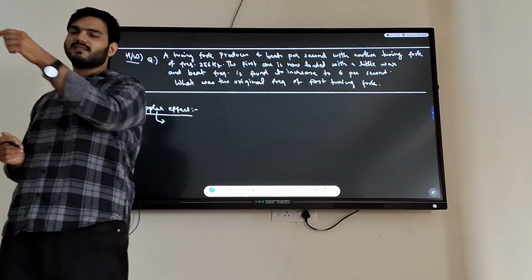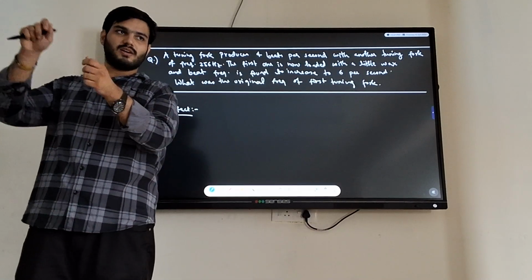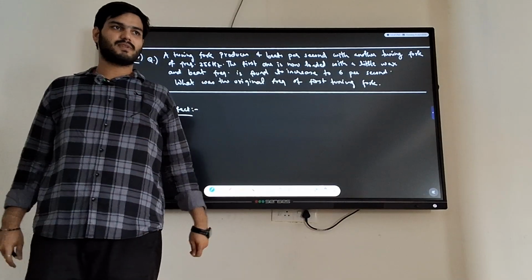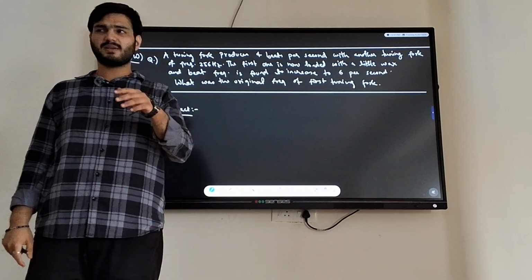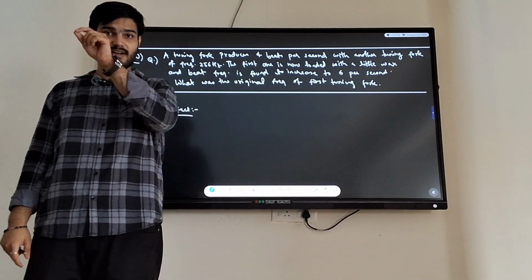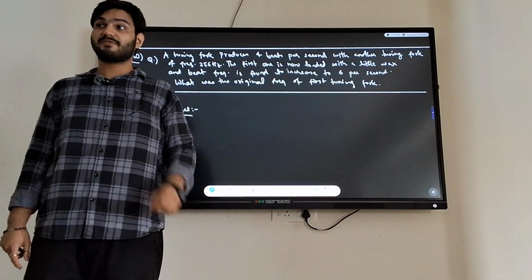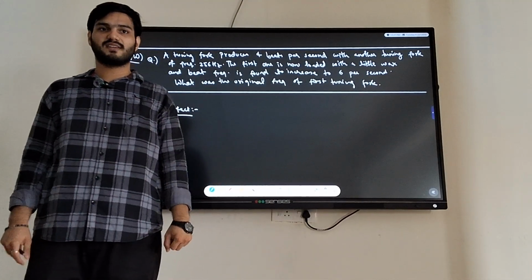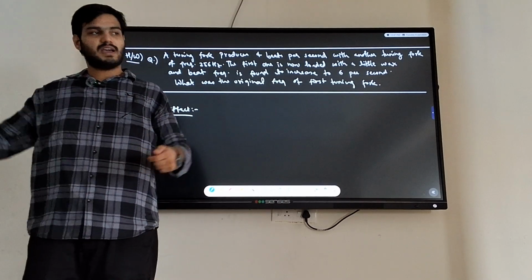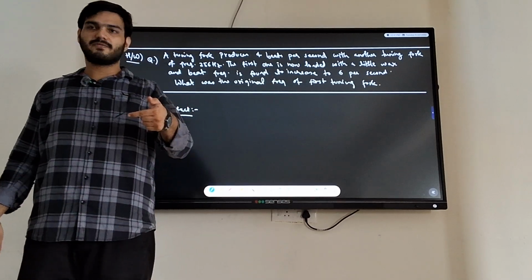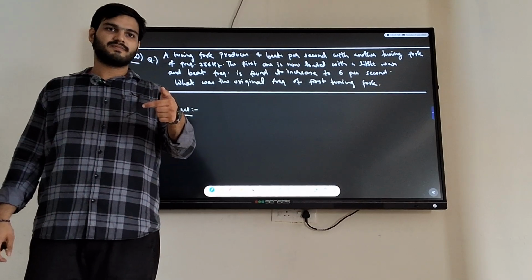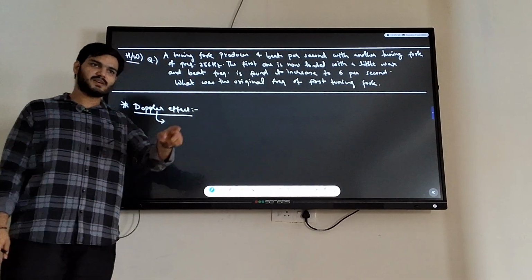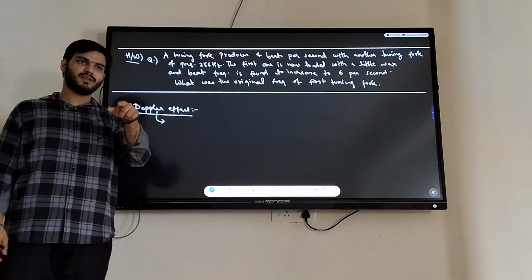When it goes away, the time period between two sounds increases. The frequency, how frequently you hear it, decreases as it goes away from you, and when it is coming towards you, you feel like it has increased. So there is an apparent change in frequency when there is a motion of source, right?